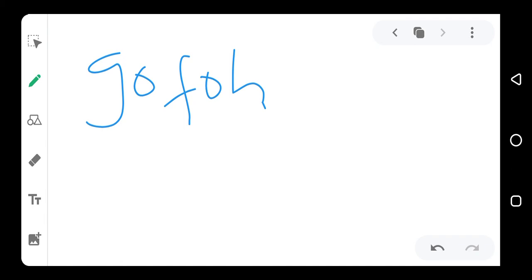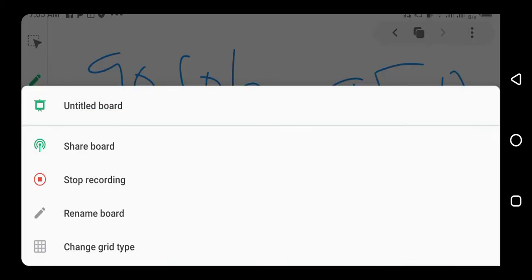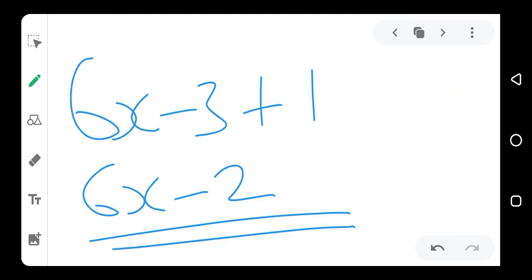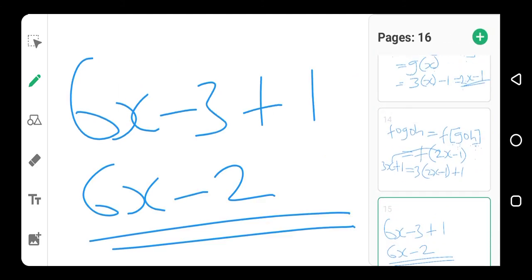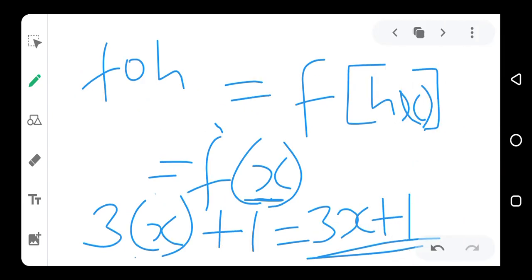Now the last one, g of f of h. We have calculated f of h above. We have f of h as 3x plus 1. So we put this as f of h in the expression.